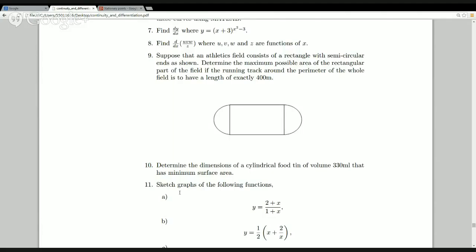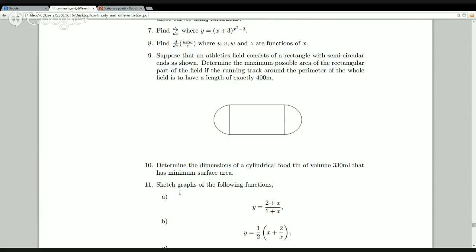Okay, well, we're talking about a tin, so we need to be able to specify a tin and talk about its volume and its surface area. Okay, so there's a cylindrical tin, so it's got a circular cross-section. That tells you that one measurement you're going to need is the radius r of the cross-section of the tin.